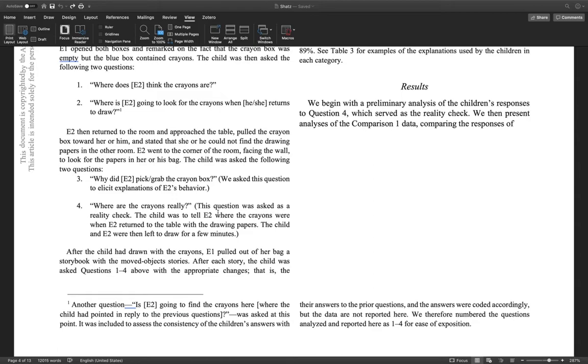Question number 4, where are the crayons really? This question was asked as a reality check. The child was to tell E2 where the crayons were. When E2 returned to the table with the drawing papers, the child and E2 were then left to draw for a few minutes. So they're saying that they told the kid that part of it was for them to participate in helping out experimenter 2, but really, don't forget the purpose. This is to get data from the kid.